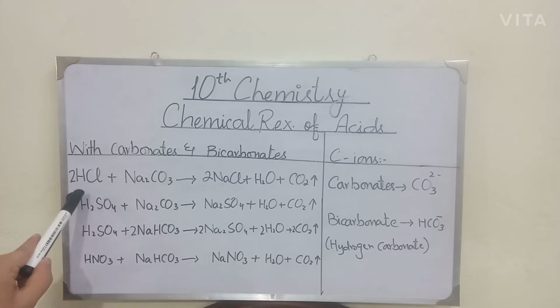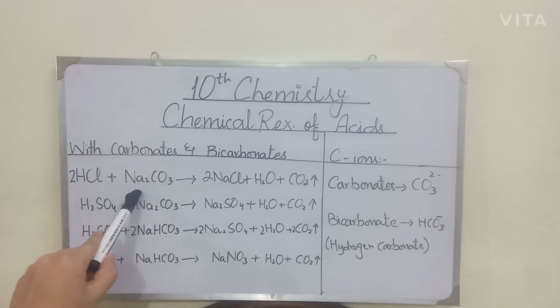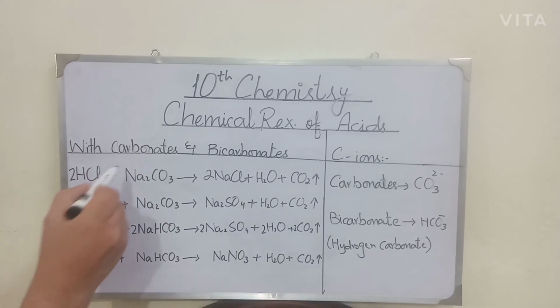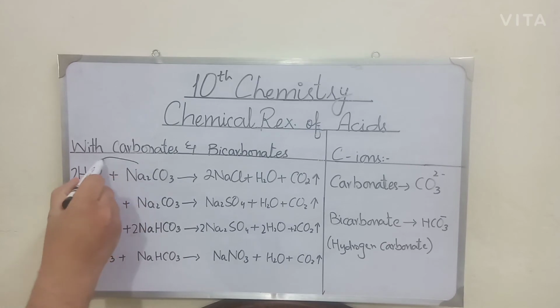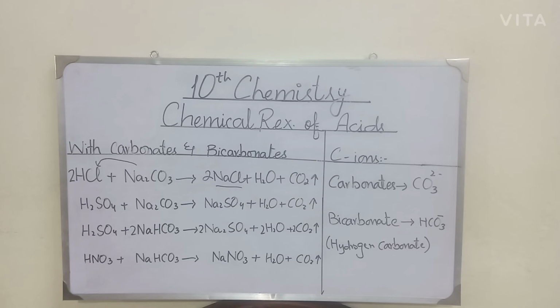First example is when HCl, hydrochloric acid, reacts with Na2CO3, sodium carbonate. Simple ion replacement reactions will take place. Na reacts with the Cl of the HCl acid. When sodium ion reacts with the Cl, it will produce NaCl, sodium chloride salt.